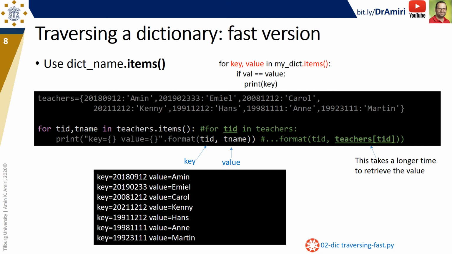Inside the for loop, I can use TID and TNAME to retrieve the key and value for each item. Note that in the previous simple version, I didn't have TNAME. I had to use teachers[TID], which takes longer to retrieve the value. So this version is faster than the previous version.